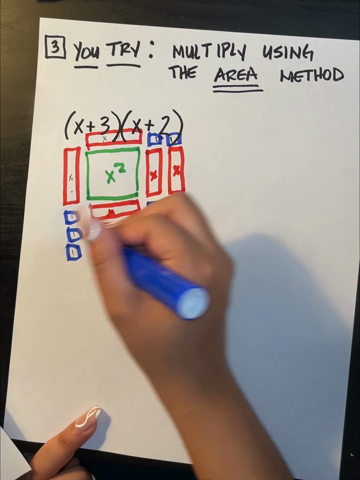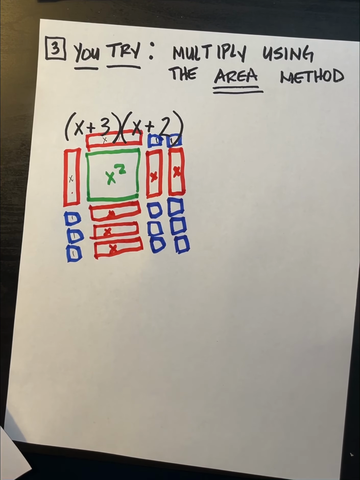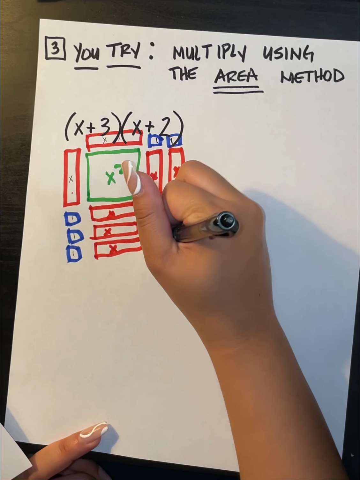We see 1 times 1. And these blue ones, they're all 1's.